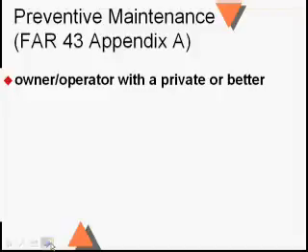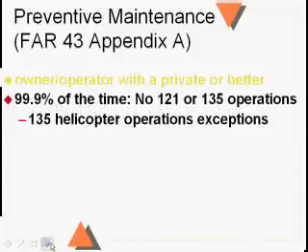So if you have a student pilot certificate or sport pilot certificate, you can't do preventive maintenance. You got to be the owner or the operator, and you got to have at least a private. You can't do this maintenance under 121 or 135. There is one minor exception. I have seen where some 135 helicopter operators teach their pilots to pull out the magnetic chip detector out of the transmissions when the red light comes on, and then clean it and put it back in.